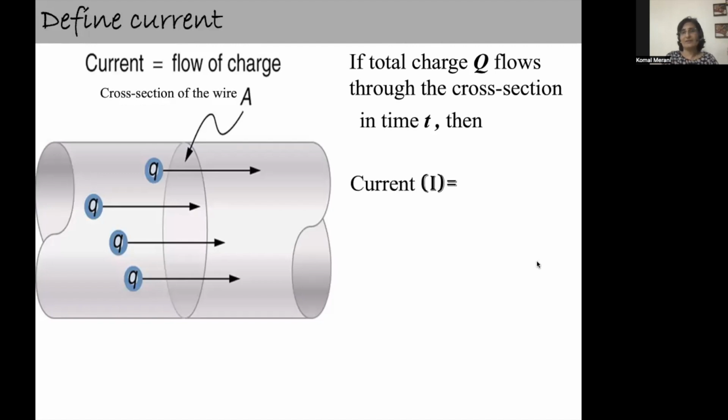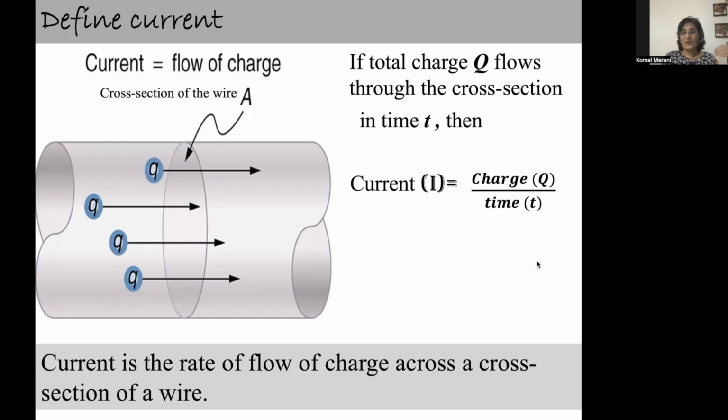Then the formula of current would be charge upon time. So we can say current is the rate of flow of charge across a cross section of a wire. The total charge carried by that many electrons upon time is given as current.